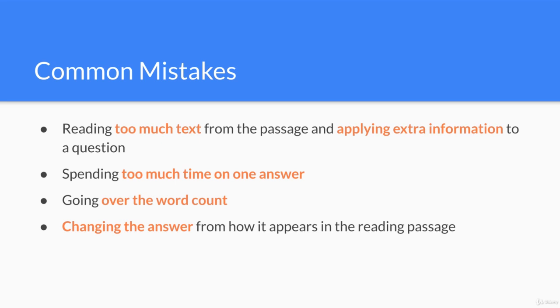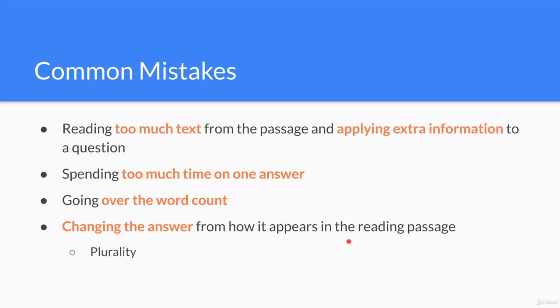Okay? The correct answer is Egyptian pyramids. It's a 2-word answer, and you should not change the form of the answer by switching the words around or by changing up the grammar or the syntax, the structure of the answer. Keep it exactly the same as it appears in the reading passage.